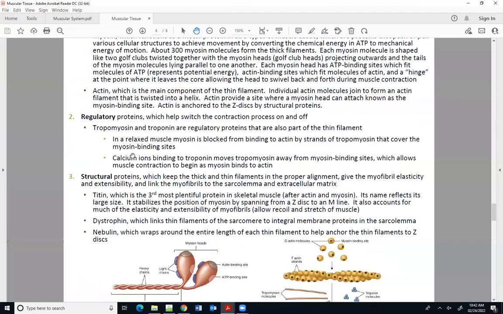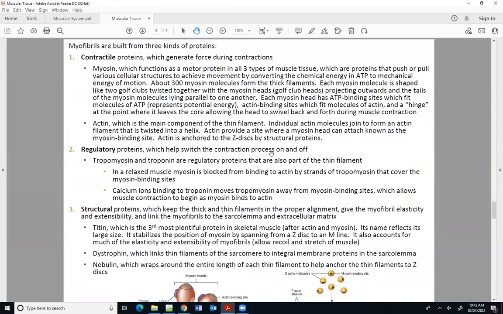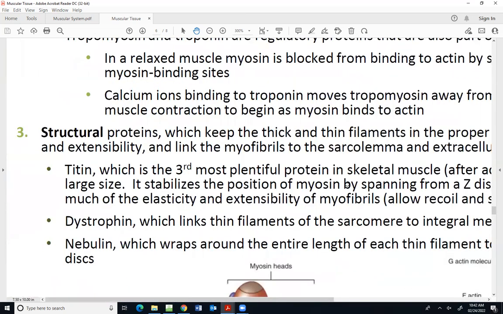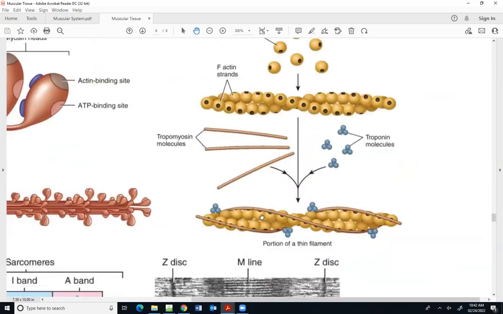Regulatory proteins are important for switching the contraction process on and off. When put together, the three proteins, actin, the main component, plus tropomyosin and troponin, they form the thin filament. So there's three proteins that form a thin filament, only one that forms a thick, and that's myosin.